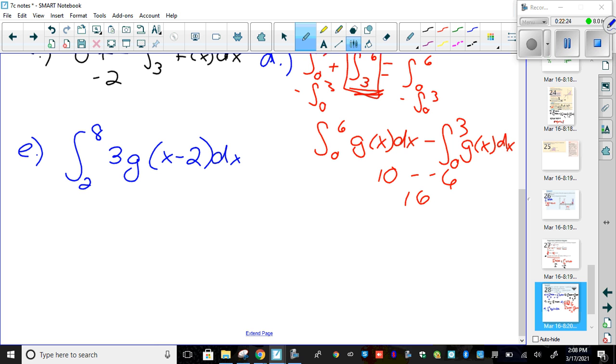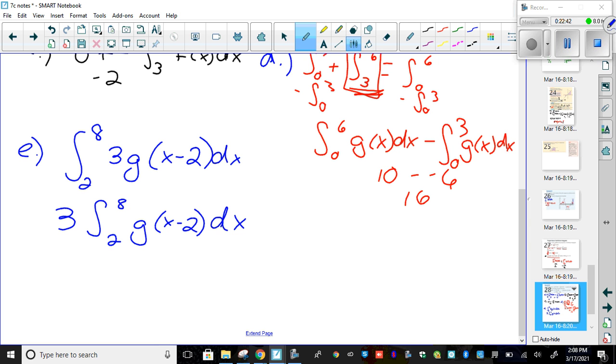To begin with, I'm going to pull that 3 out. The problem is none of those integrals go from 2 to 8. They all go from 0 to 6, or 3's in there as well for g.